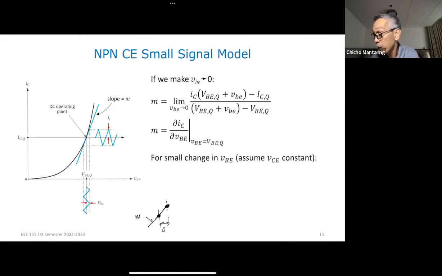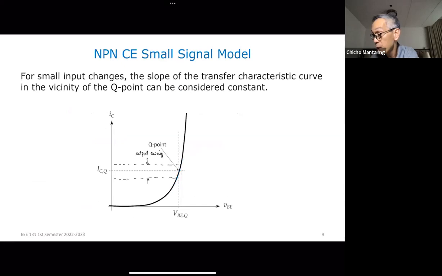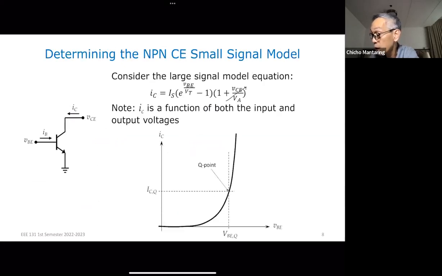Okay, so I'm going to go back to this. Sorry. This is the BJT large signal model. What I'm going to do is I'm going to neglect the early effect. So I will remove this first.